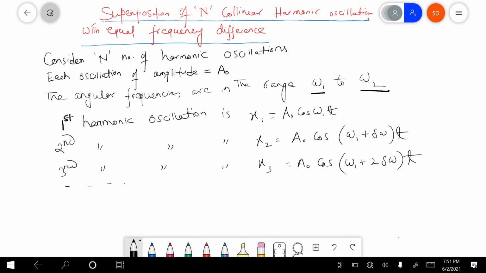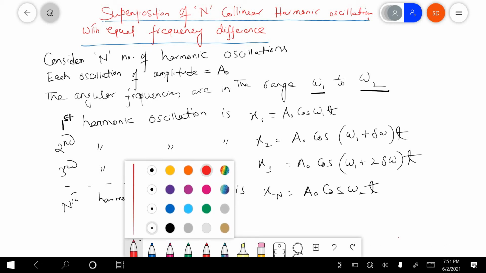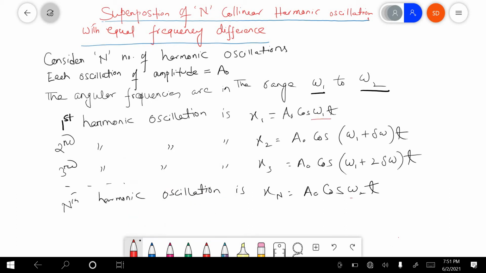And the nth harmonic oscillation is, for example, xn equals a naught cos omega 2 t. So here you can see the lowest angular frequency is omega 1 and the highest is omega 2.